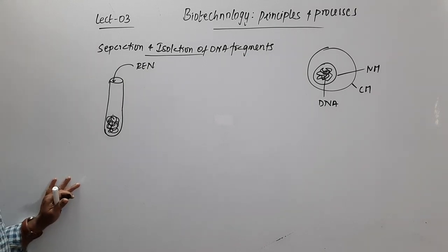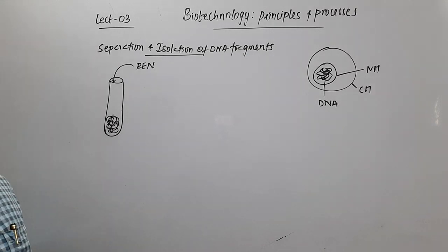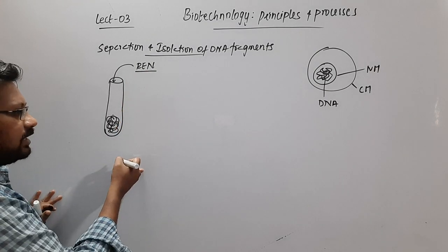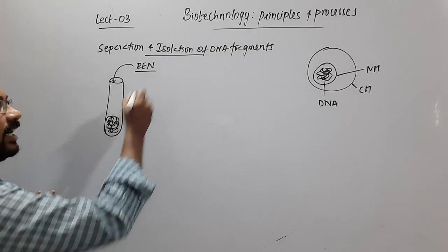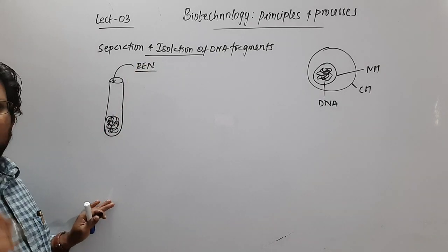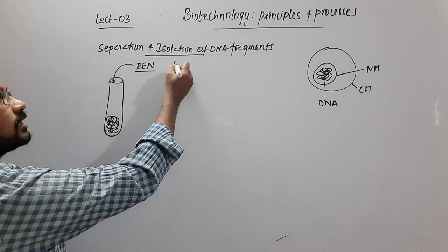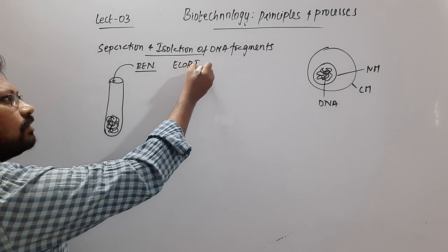When I add a particular restriction endonuclease, it will cut the DNA wherever it finds that palindromic sequence. Suppose we take the same example, EcoRI.